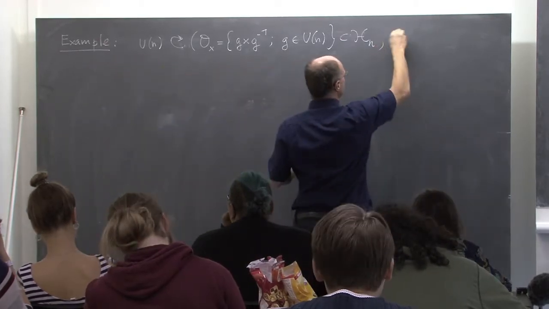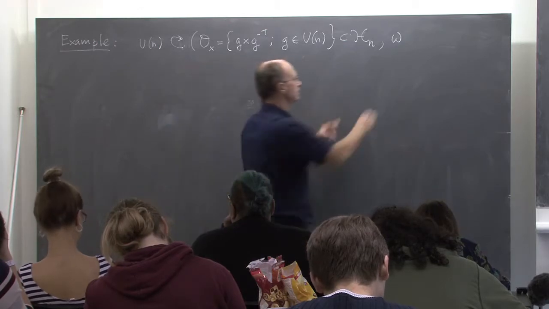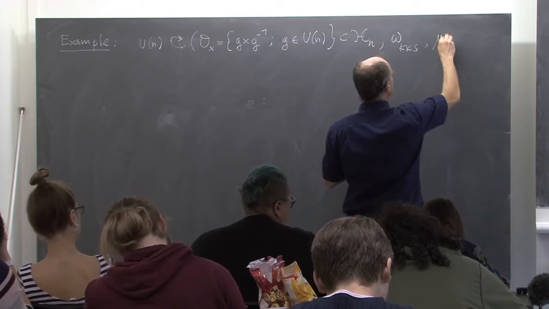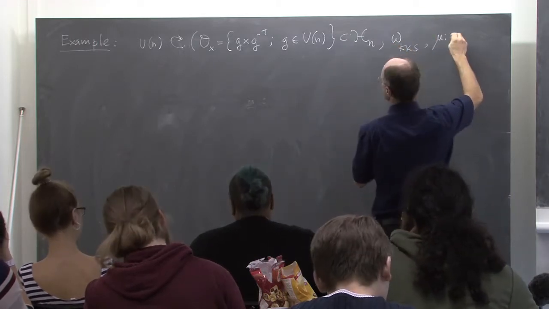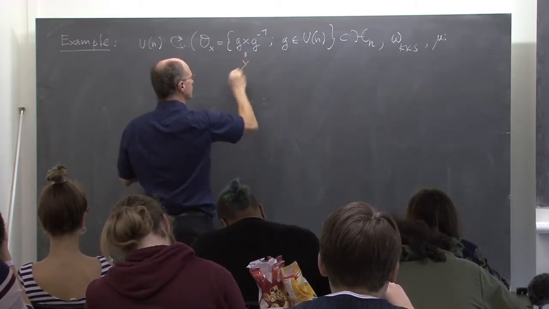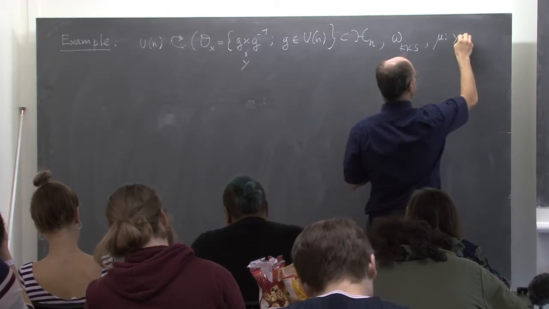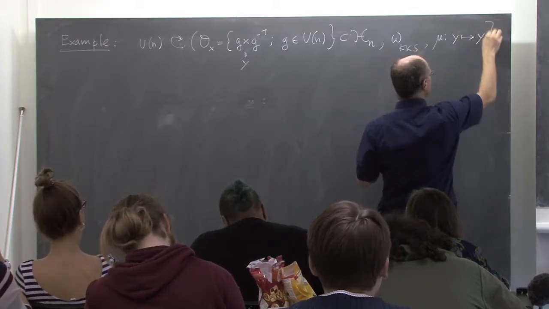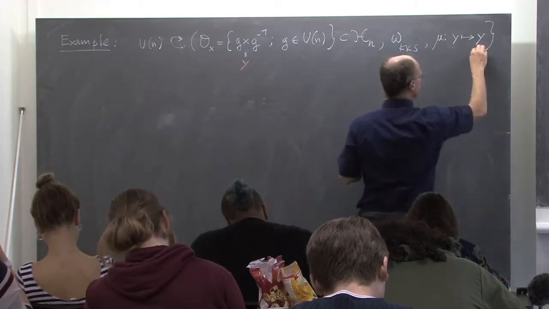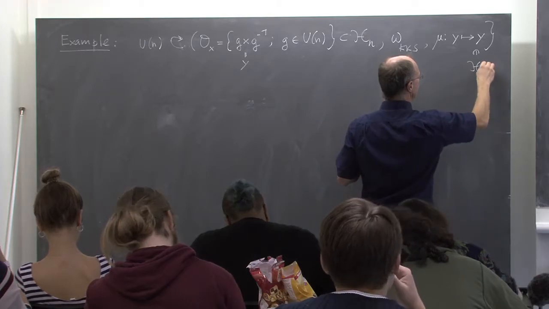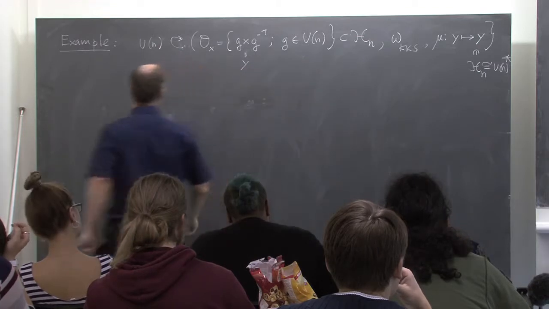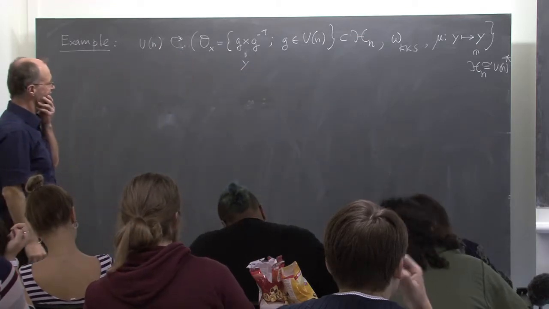So here there was some canonical symplectic form, the KKS symplectic form, whatever it is, and the moment map was just a map. Let me call this guy Y. So this was just the identity map, mapping Y to Y. So here it is inside H_n, which is isomorphic to the dual of the Lie algebra of the unitary group.